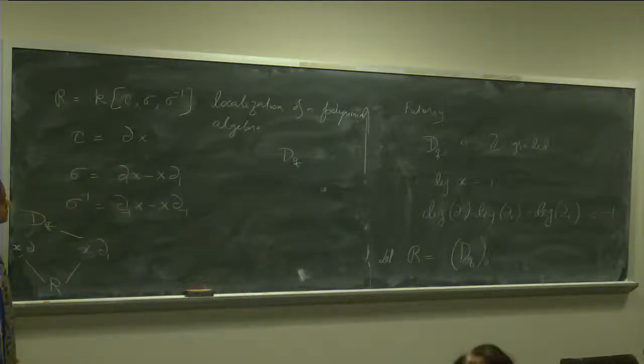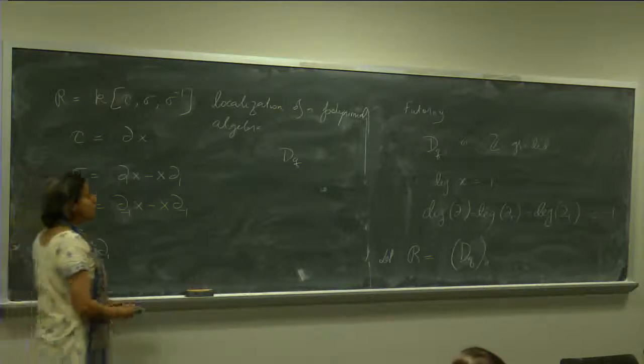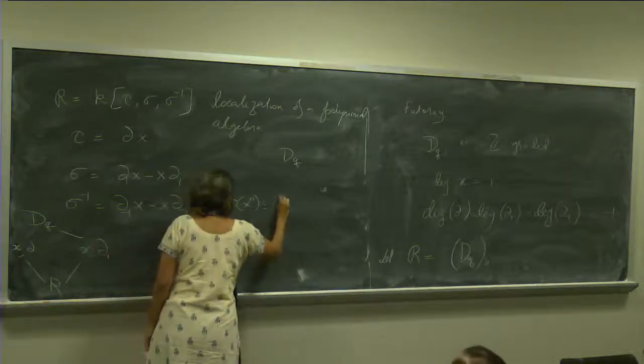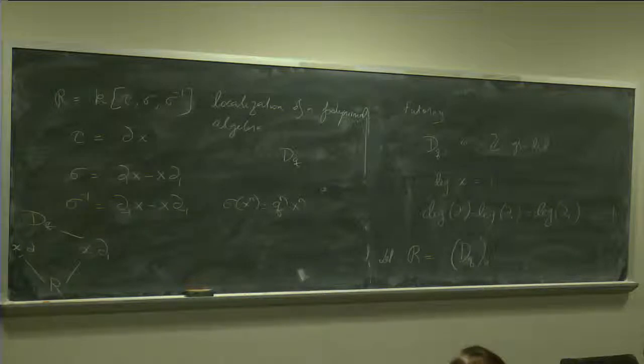What was q? q was a non-zero scalar from your field. Not a root of unity. So far all of this has been defined for q not a root of unity. For instance, q shows up here: sigma of x raised to n is precisely q raised to n times x raised to n.